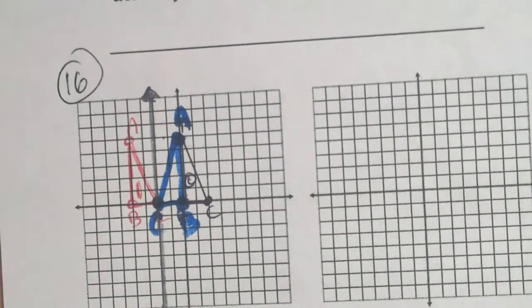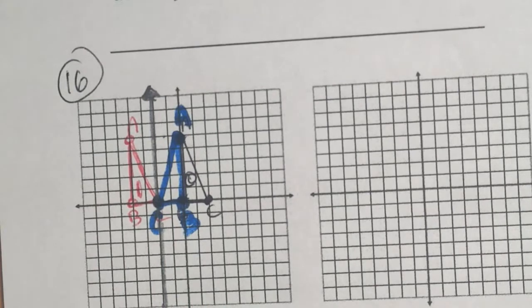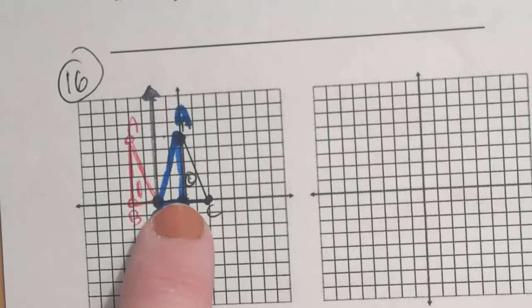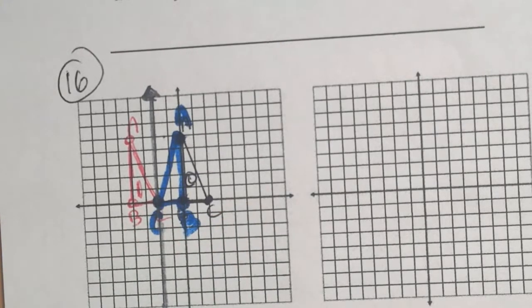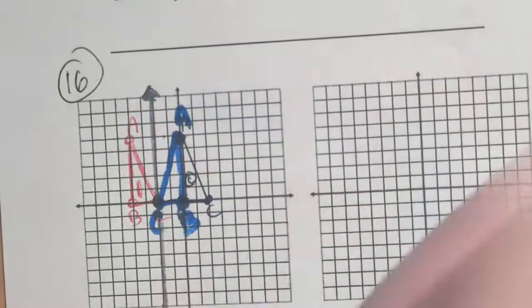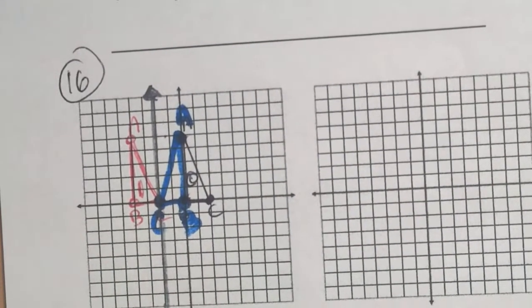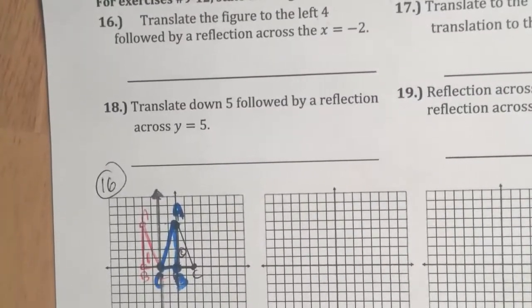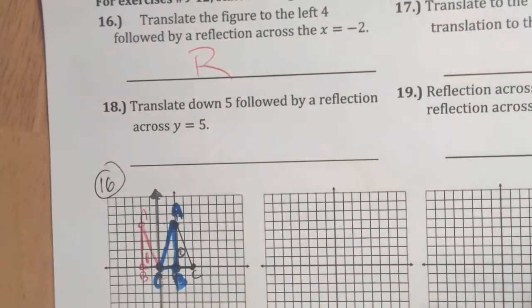Okay, so now I want to know what was a faster way to go straight from black to blue. This looks like a reflection because B stayed where it was, A stayed where it was, and C flipped over. So I know for a fact it is a reflection. What did we reflect over?